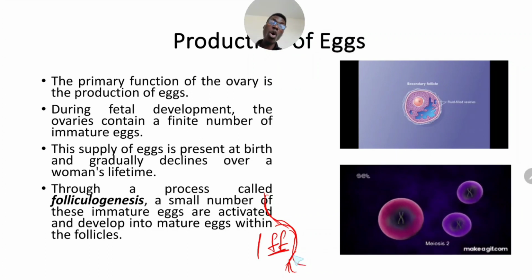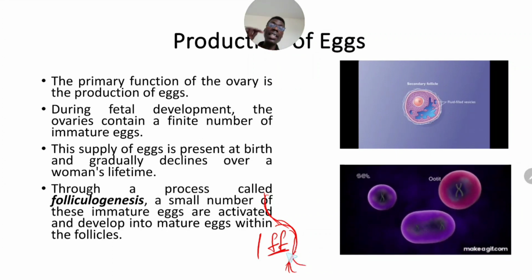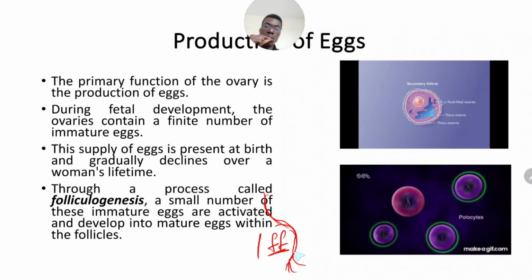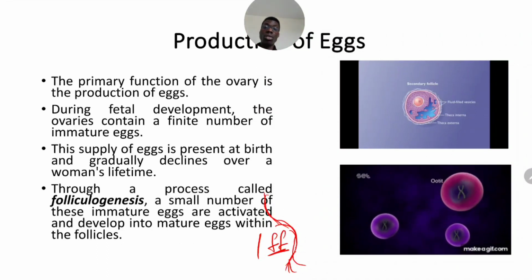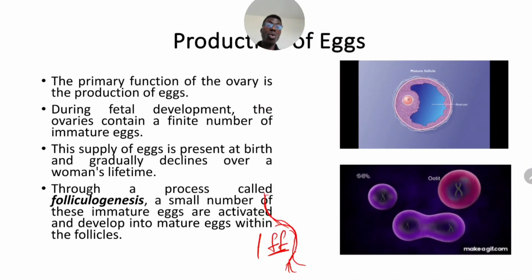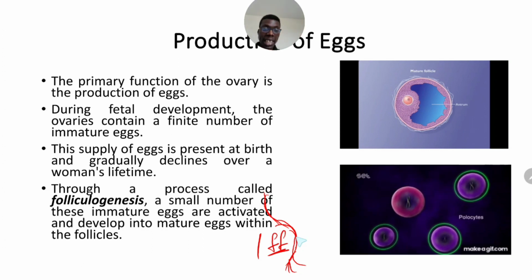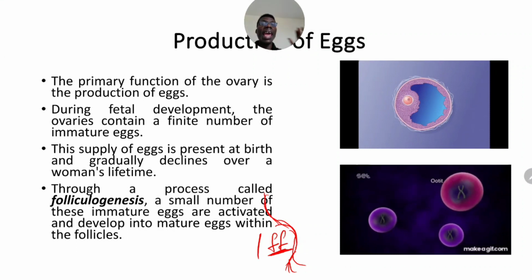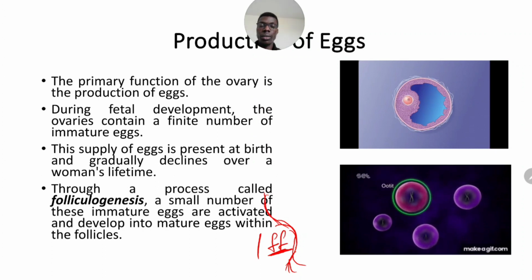This female fetus has in her ovary all the eggs she will ever need, even though the ovaries are not working, the eggs in the ovary are not working. Let me say that again. This female baby has all the eggs in her ovaries. There will be millions.